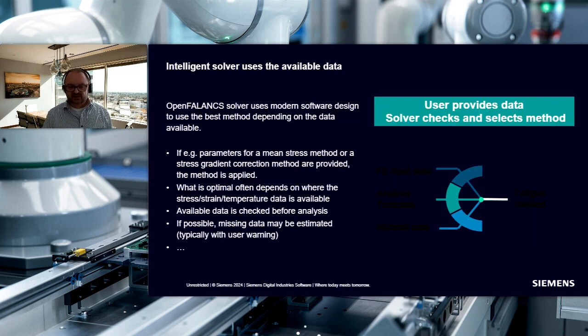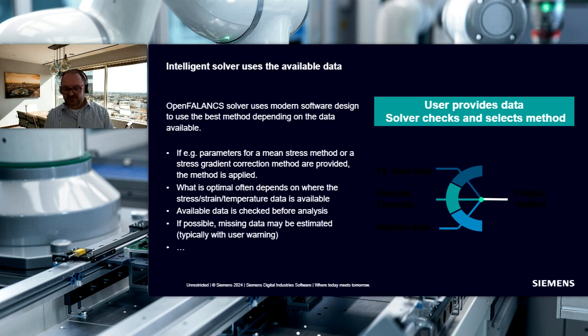And therefore, we have included into our intelligence to see what kind of data is available, and taking up what kind of data and what kind of parameters the user gives, it chooses the methods to use. So just a simple example is if you know something about the mean stress dependency of your material, you add that, and then the solver uses mean stress correction.